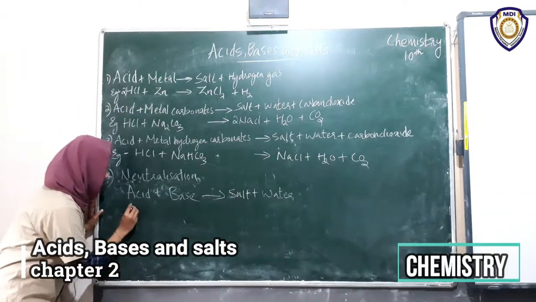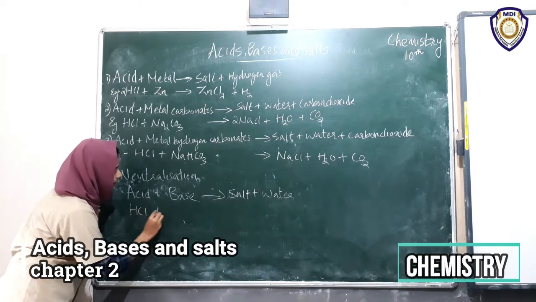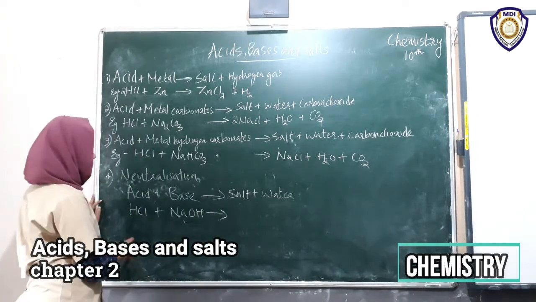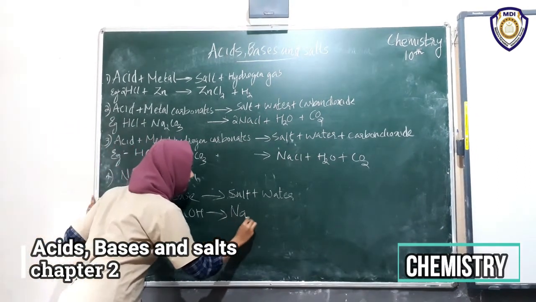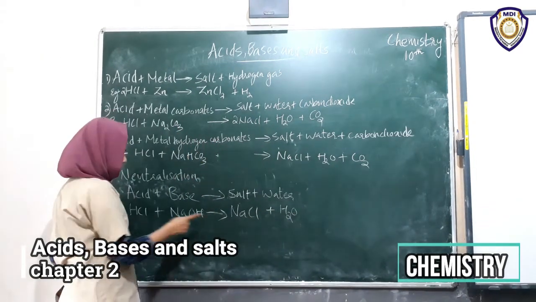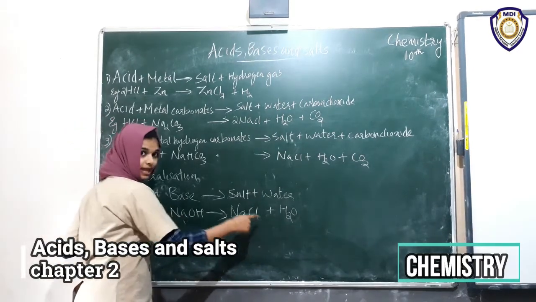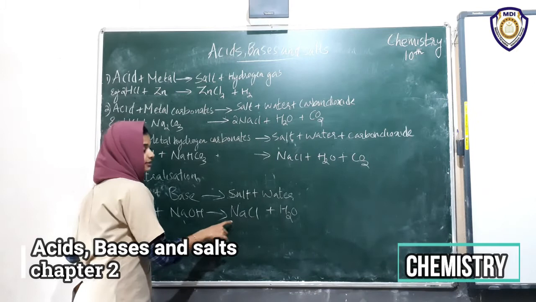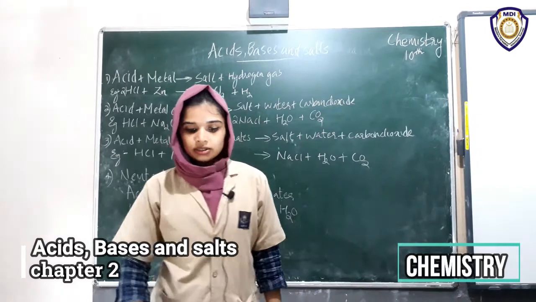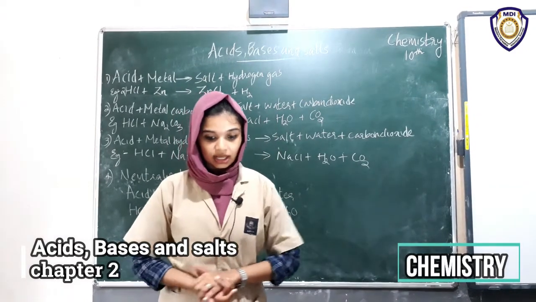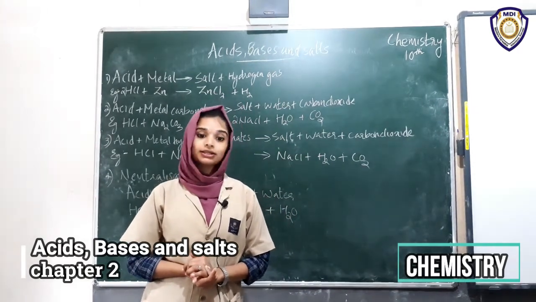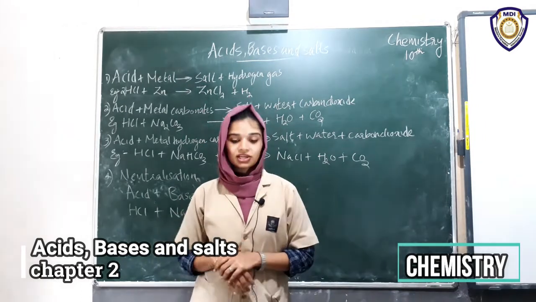For example, HCl plus NaOH gives the salt NaCl plus H2O. So after adding these two, there will not be any acid or base. It turns into a salt and water. So this is a neutralization reaction. The reaction between an acid and a base to give a salt and water is known as a neutralization reaction.